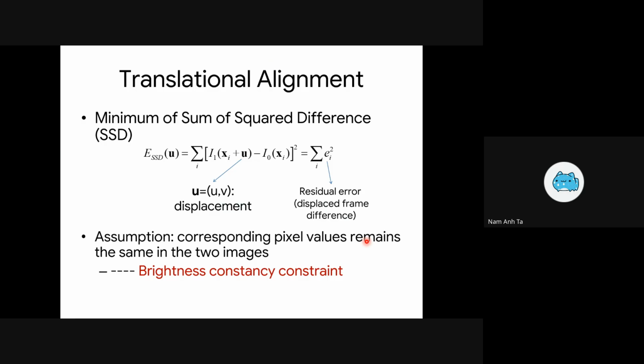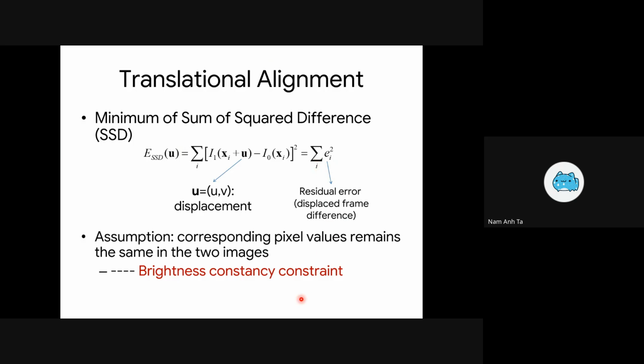The most basic way is using SSD, or sum of squared differences. Our goal is to find the displacement vector u when we shift the image, so that the difference between the two frames, which we'll call the error E, is as small as possible.